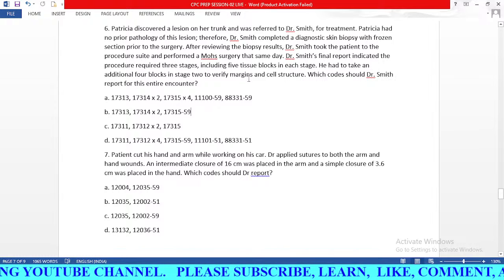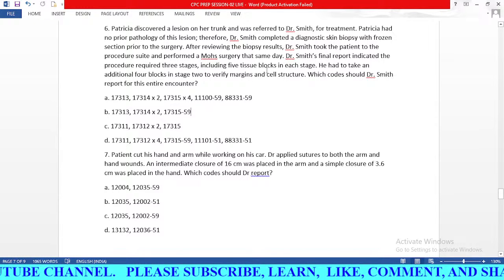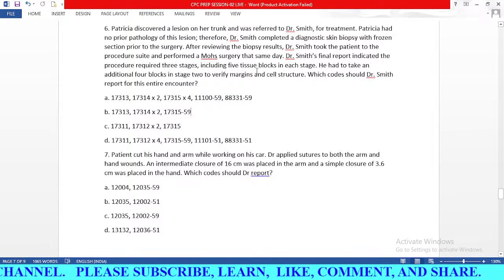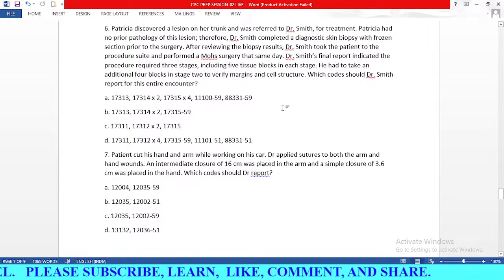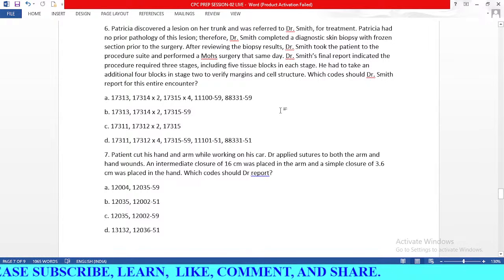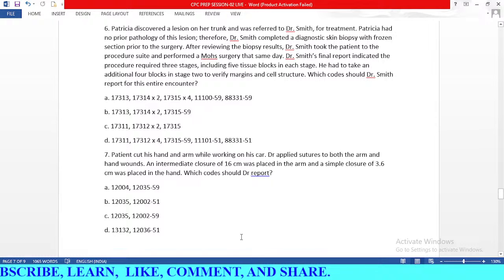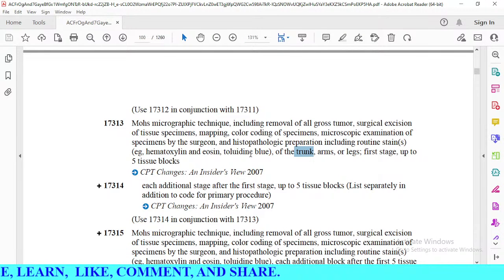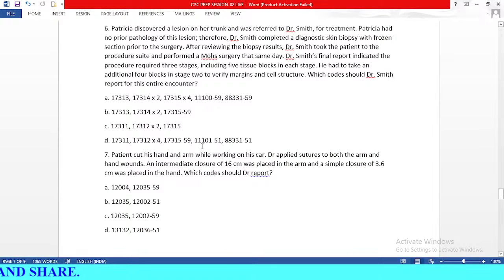So what he did first: 3 stages, including 5 tissue blocks in each stage. So we will check the 17313 description here. See here, first stage up to 5 tissue blocks. So how many stages do we have in total? 3 stages here, including 5 tissue blocks in each stage.